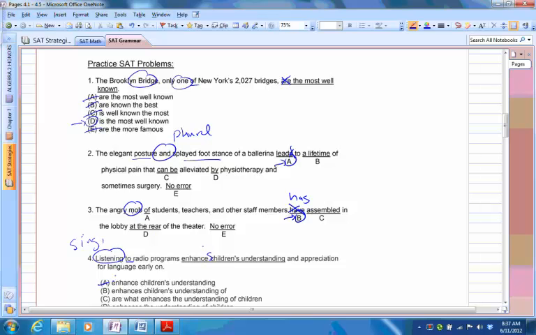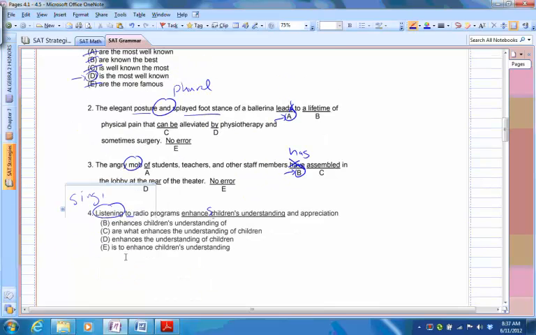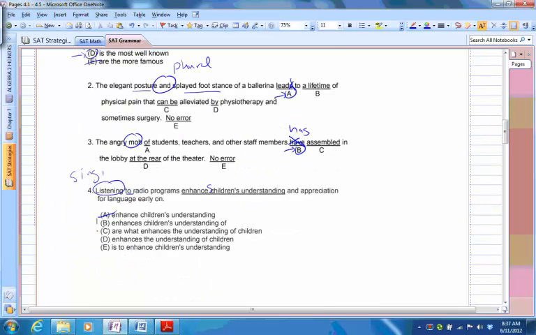So A is out. C is out because again we have singular. If you look at B, D, and E, I like B. D sounds a bit awkward.